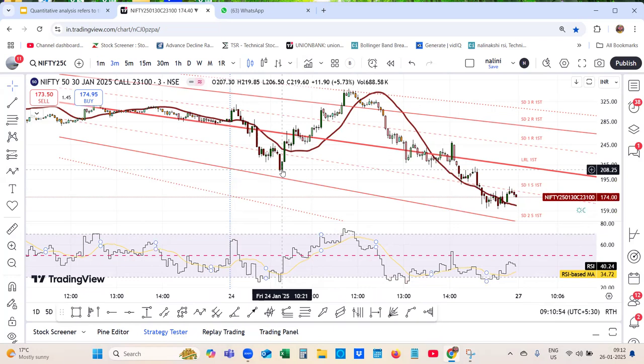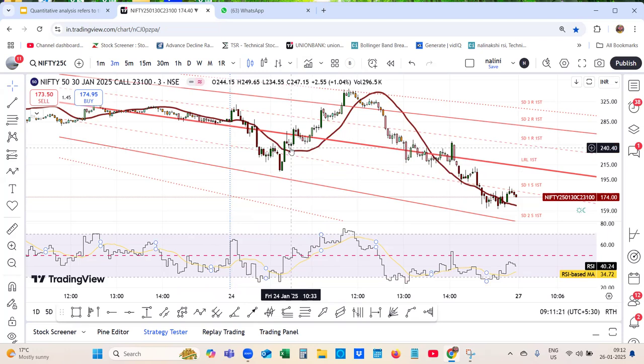In this small green candle, you are getting the best fit line over here, linear regression, and also a channel. When price started climbing above this, even if your entry would have been very late, you could have held your position, trailing your stop loss.